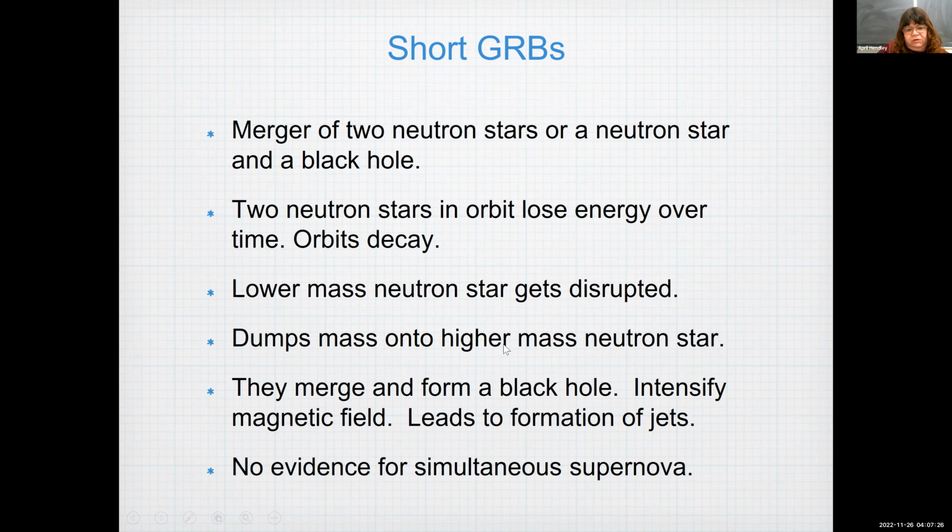That mass falls on the higher mass neutron star, eventually they merge, form a black hole. The magnetic field gets intensified, you get a relativistic jet, like you did for the other type of gamma ray burst. It's just in this case, we don't see a supernova accompanying it.